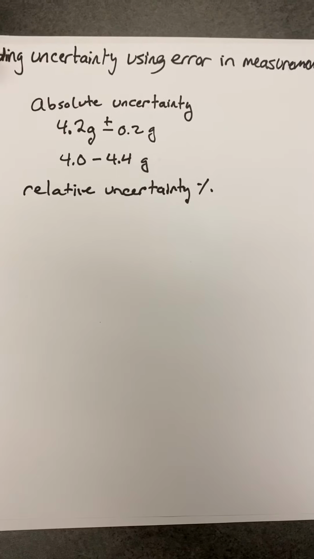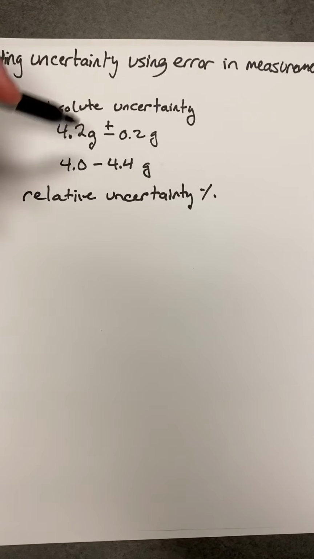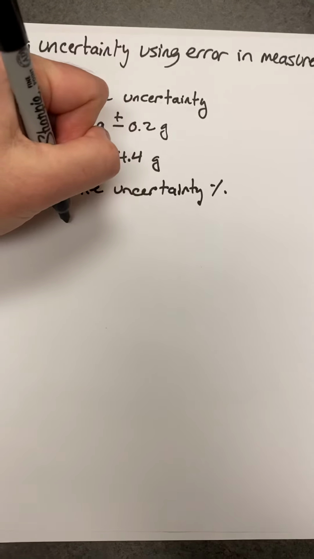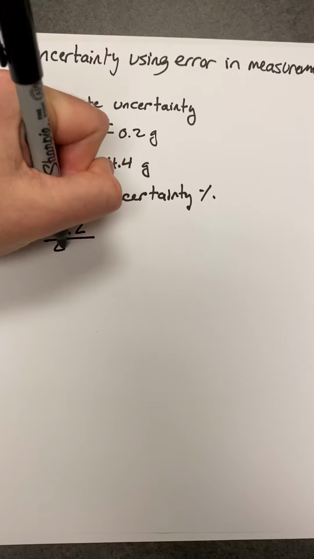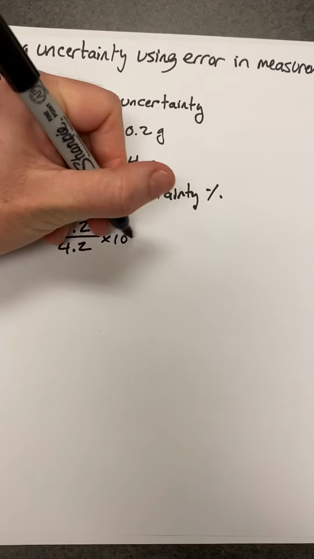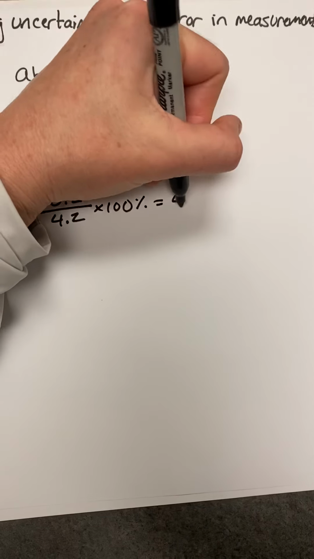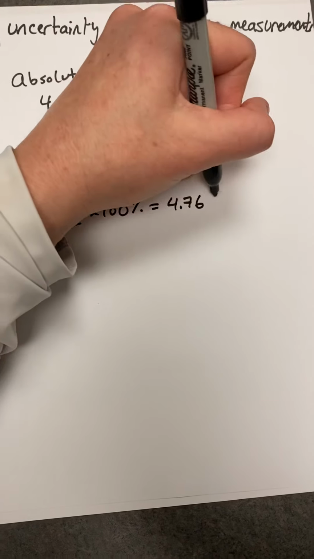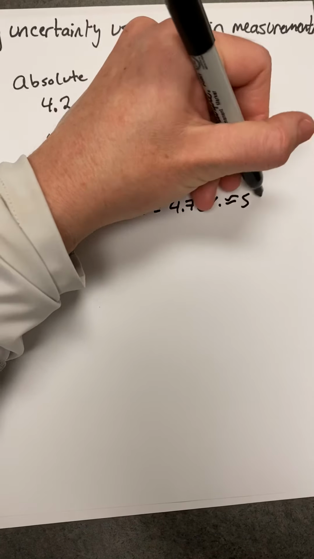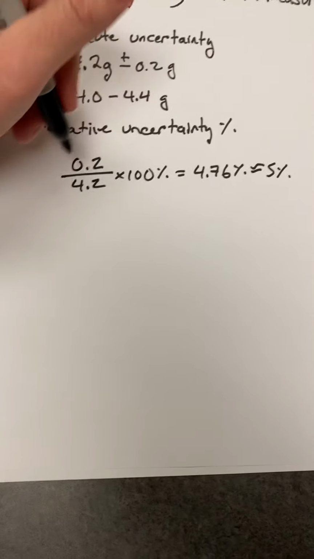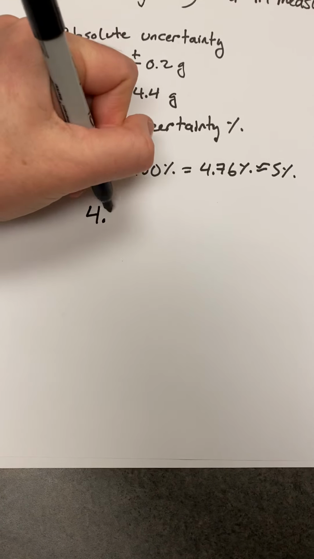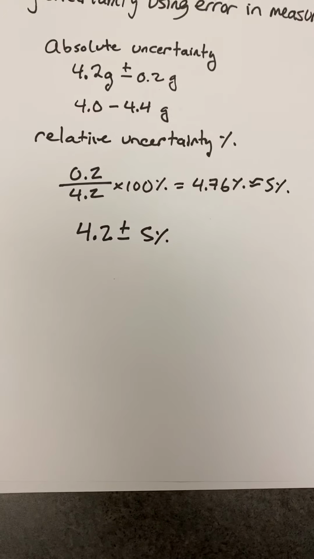We essentially put that 0.2 grams into percent of the actual measurement. So here we'd say 0.2 divided by 4.2 times 100%. And if you did this, you would find out that this is 4.76%, which is about 5%. So our error here, or a way we would express it, is 4.2 plus or minus 5%.